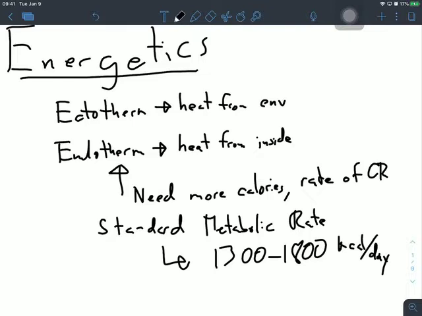The bigger the animal, the bigger the standard metabolic rate. So elephants obviously need to eat more than we do in order to maintain their massive size.